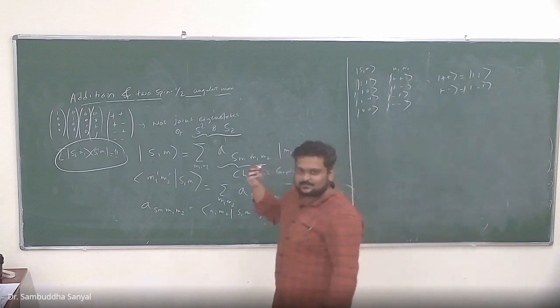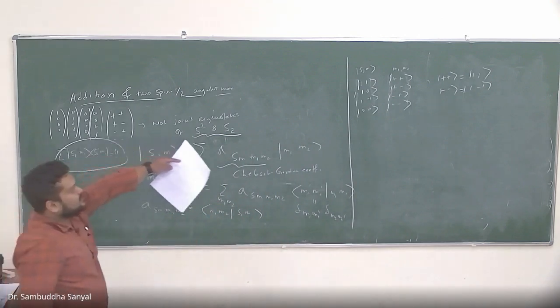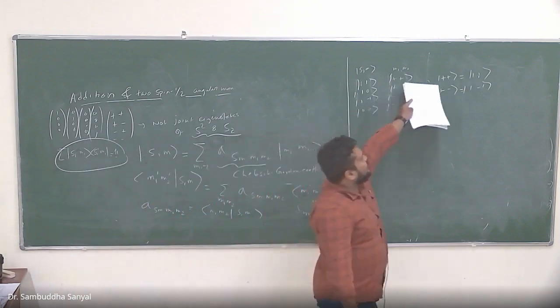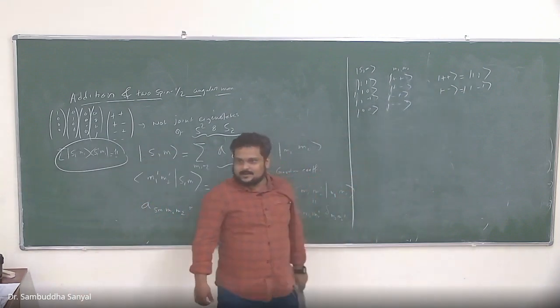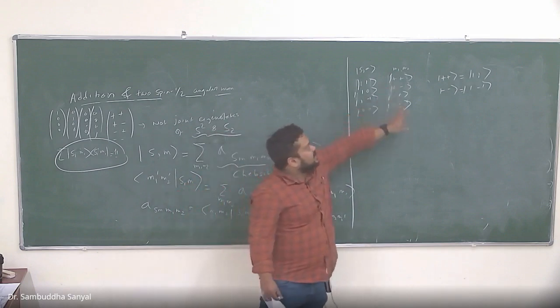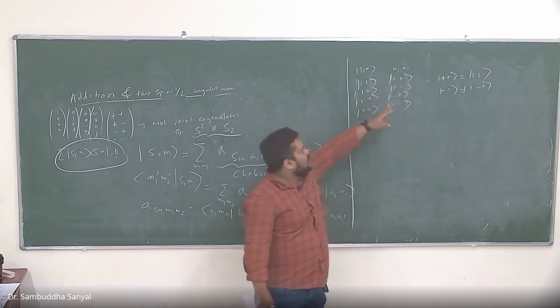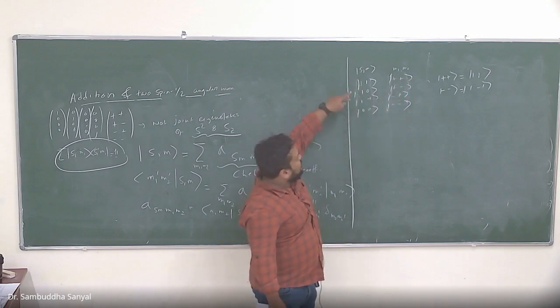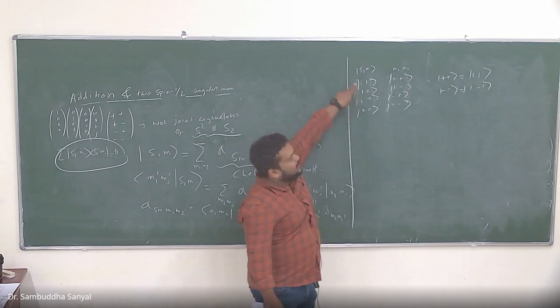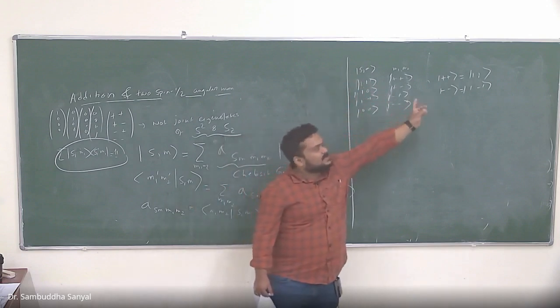Because in these two cases we found that S square and Sz have exactly the same eigenstates as this plus plus and minus minus. Right? Everybody got this point? We found that all these four are eigenstates of Sz, the joint Sz, the summed Sz. But only these two are eigenstates of this summed S square. Right? So that means these two must be equal.